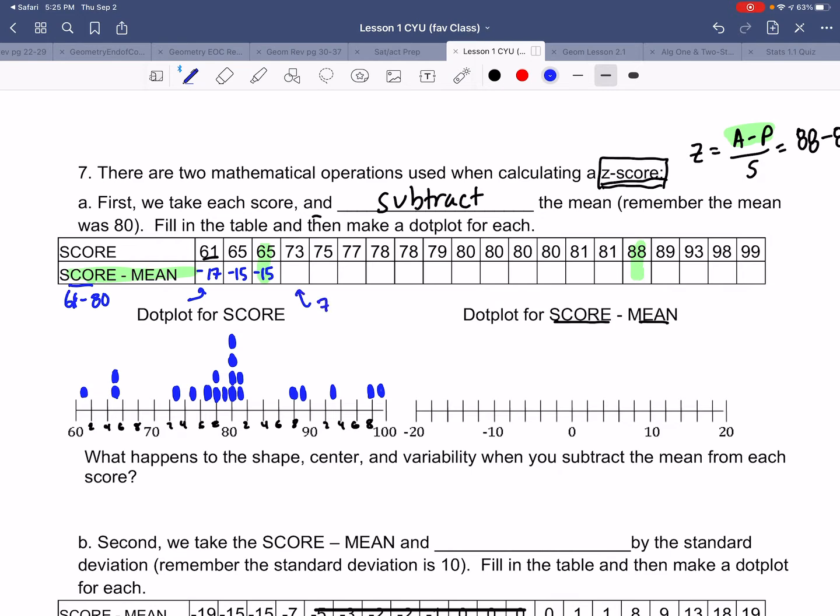Again, I'm just taking the score minus the mean. Negative 7, negative 5, negative 3, negative 2, negative 2, negative 1, 0, because 80 take away 80 is 0. Now, I'm doing the score of 88, take away 80, so I get positive numbers now.